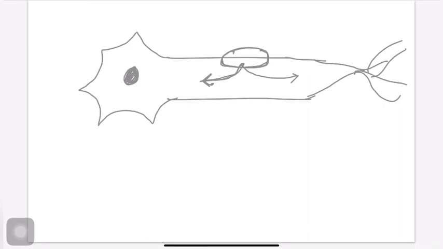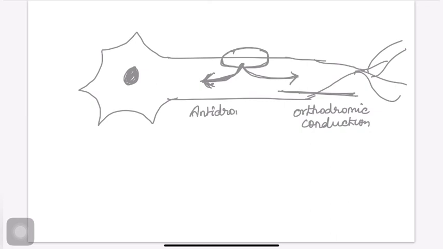Now what is orthodromic and what is antidromic direction? The direction of conduction towards the synaptic terminal is called orthodromic conduction. And the conduction opposite to this direction, towards the cell body, is called antidromic conduction.